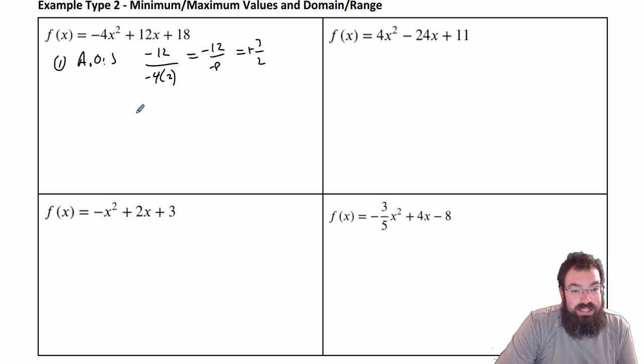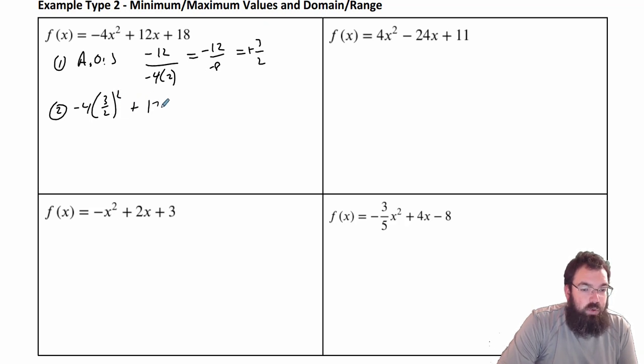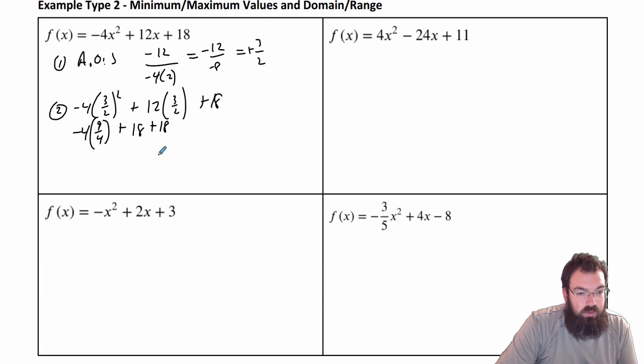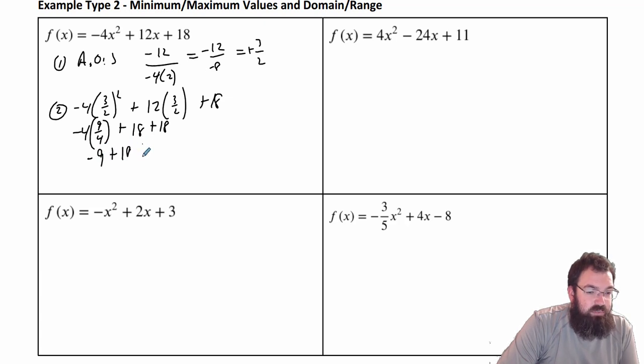Then I plug it in, and I get -4 times 3/2 squared plus 12 times 3/2 plus 18. 3/2 squared is 9/4 plus 12 times 3/2 is 18 plus 18. Okay. And then 9/4 times -4 is -9 plus 18 plus 18. So that's going to be 27.